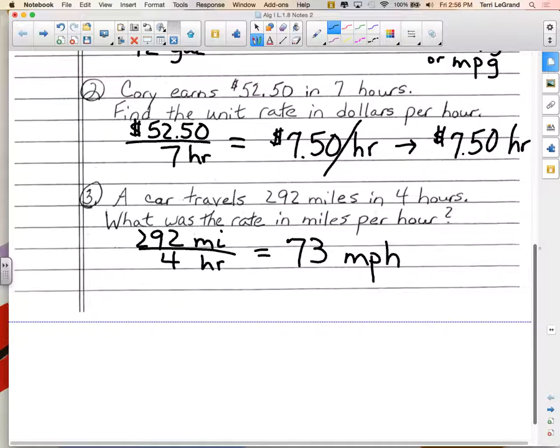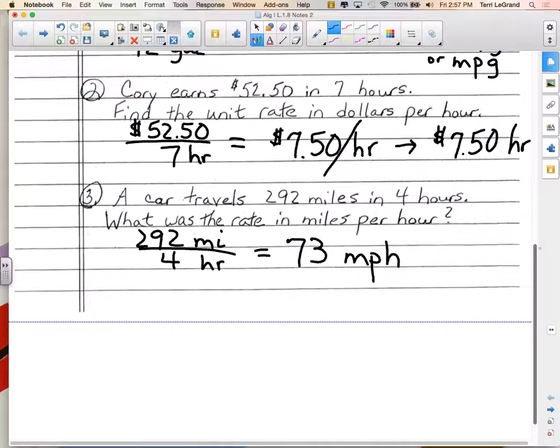Let's say you had $2 upstairs and maybe a 4 downstairs, and let's say that's minutes, and you magically got for an answer $2 per minute, with a 2 upstairs and 4 downstairs. Is that going to happen? 2 over 4 is not 2, it's what? 0.5. That would be a 50 cents, not a $2. So we have to make sure that our ratios also make sense as we set them up.